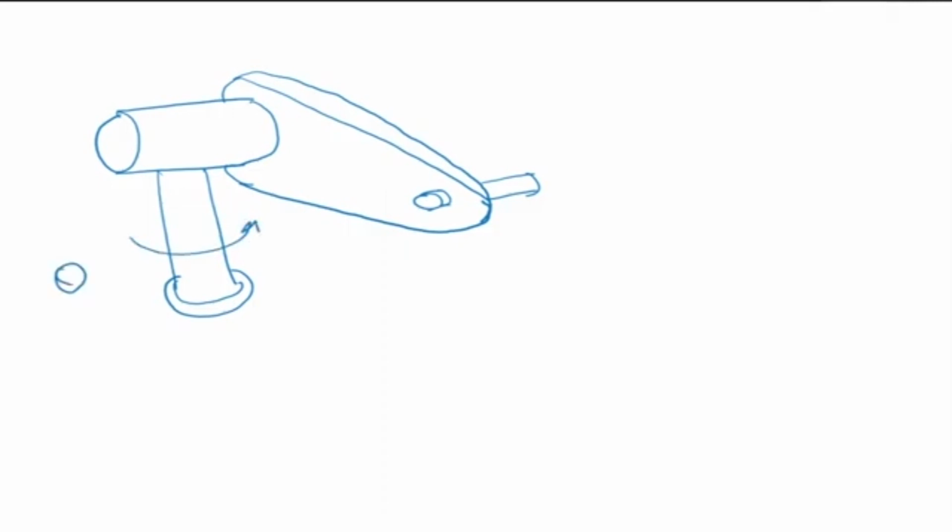Okay, what are the axes? This is my theta 1, then this is my theta 2, so this axis is my theta 2 axis, and that's my theta 3 axis. Theta 1, theta 2, and theta 3. So it's 3 revolute joints. Now let's assign the axes and then we will proceed.